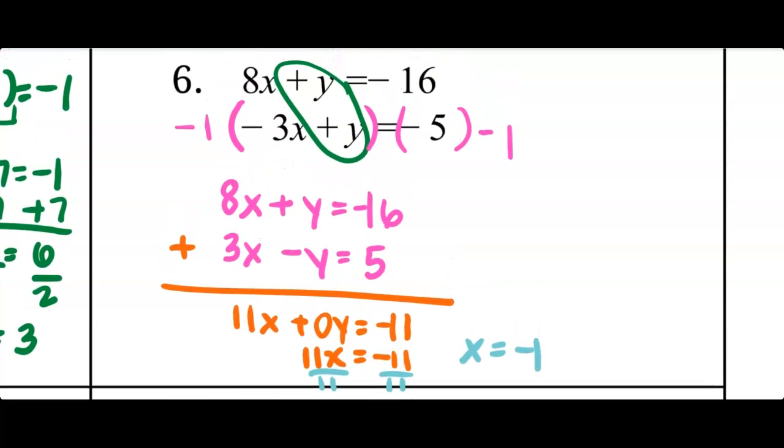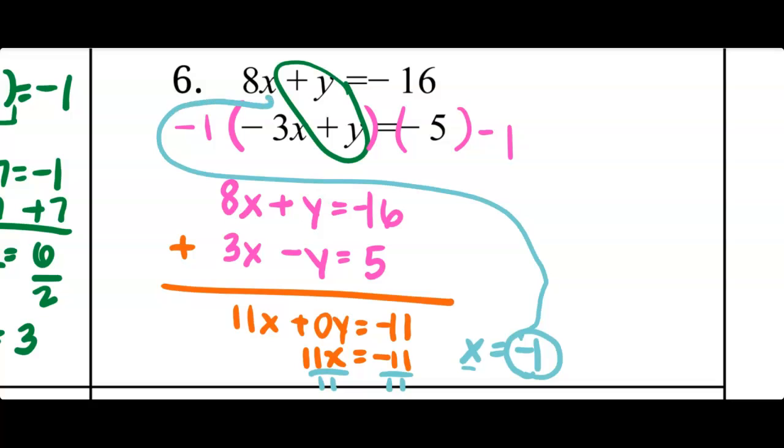It's important that I always remember which variable I solved for, because that's the variable I'm going to substitute back in for. So since I have x, I'm going to plug -1 in for x. I'm going to go into the top one this time. So I have 8 times -1 plus y equals -16. 8 times -1 is -8.